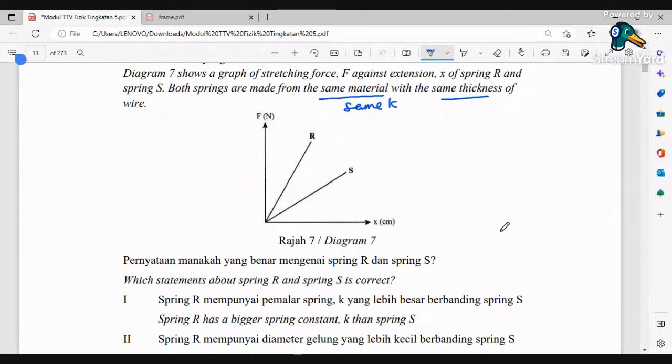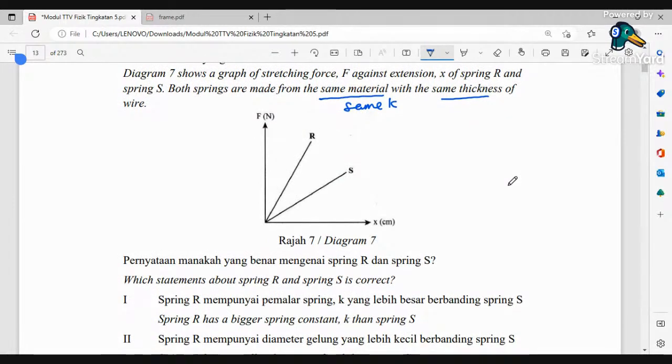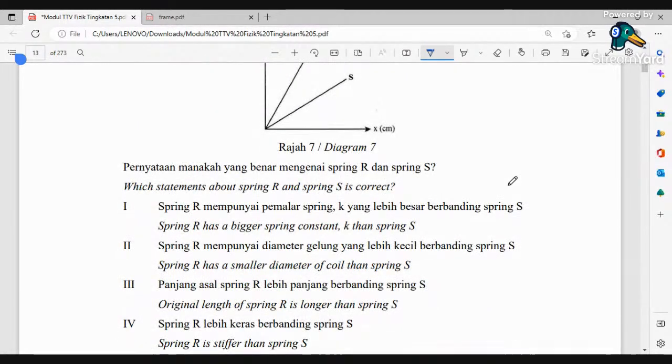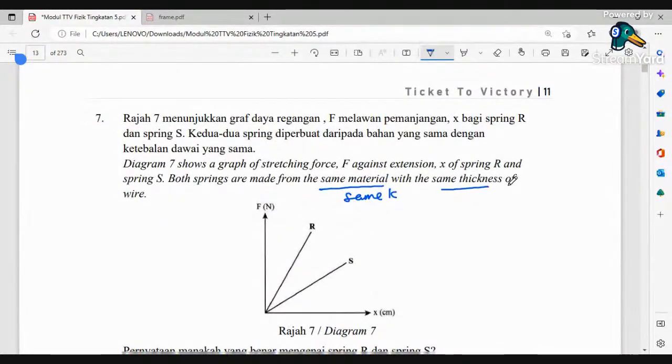Okay, material same, thickness same. But the factors that affect the gradient of the graph are not only thickness but also length. So if this factor is constant, it means length is not constant. Okay, we use the concept of length only here.